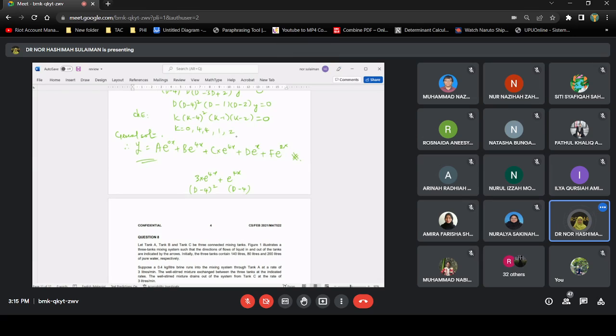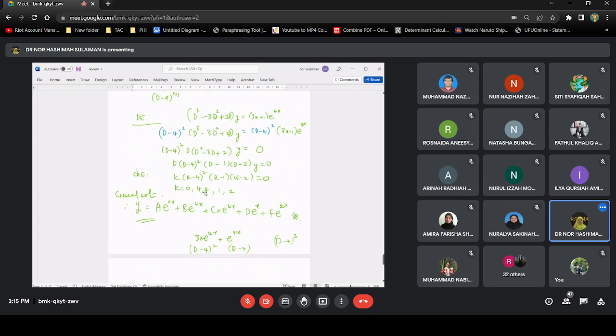So dia akan jadi berapa? D kuasa 3, dia tolak 4 kuasa 3, betul? So dia akan jadi D tolak 4 kuasa 3. Macam tu. Okay. D kuasa 4 tolak 3 ni D tolak 4 kuasa 3. D tolak 4 kuasa 3.